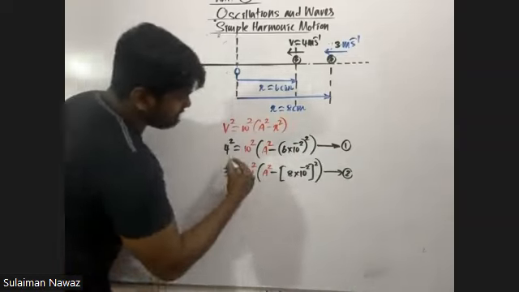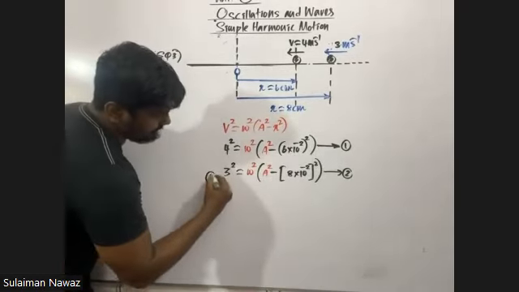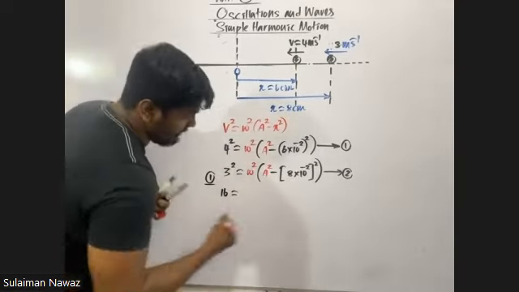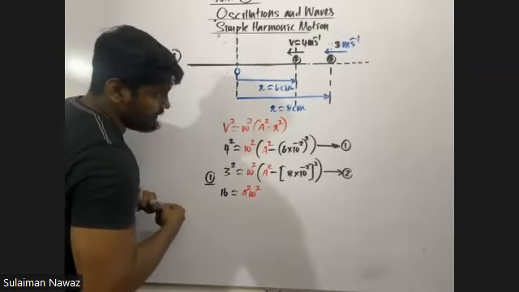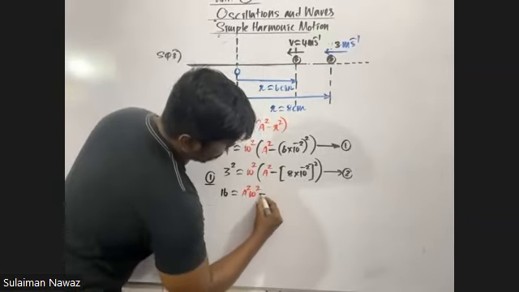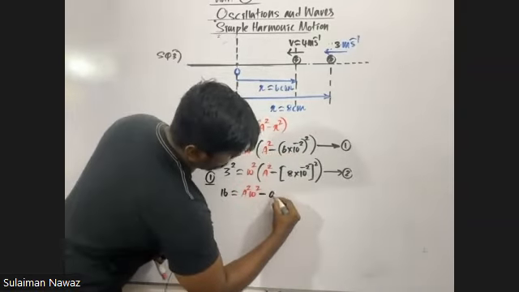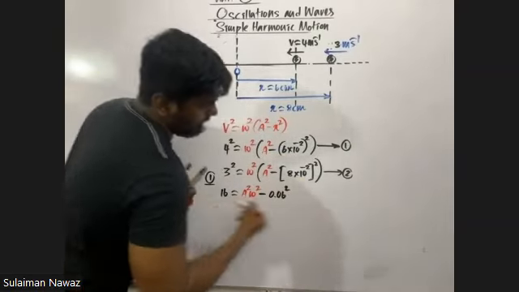Then what will happen? From equation 1 I can say 16 equals A squared omega squared minus, now 6 minus 2 means 0.06 whole squared, 0.06 whole squared omega squared.